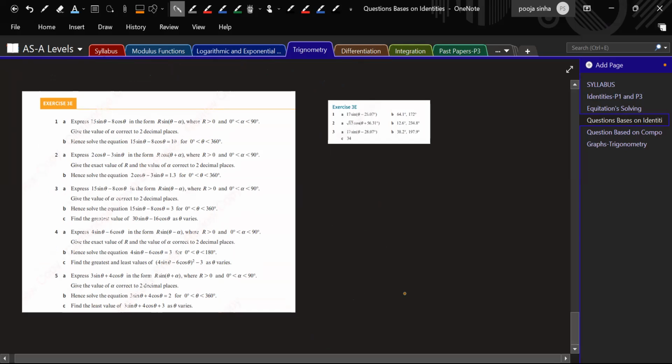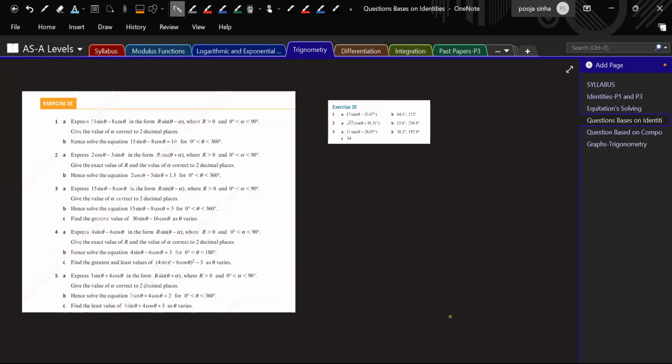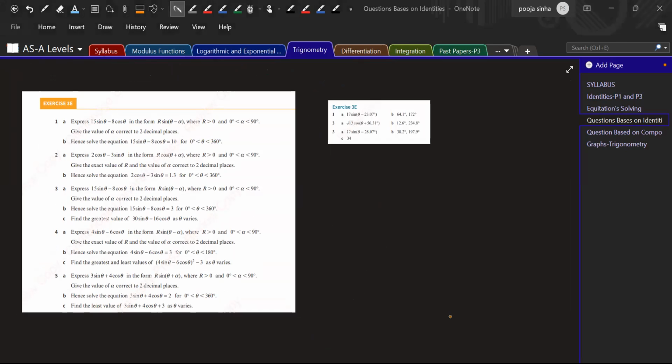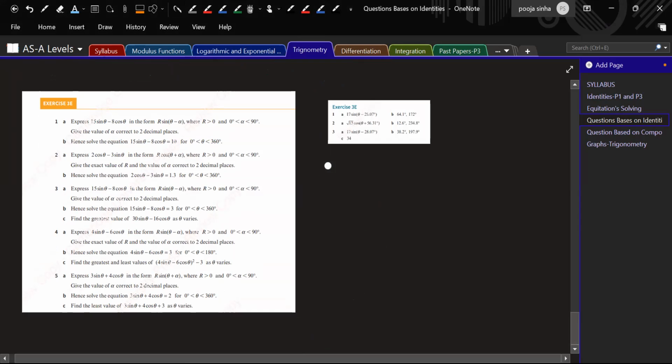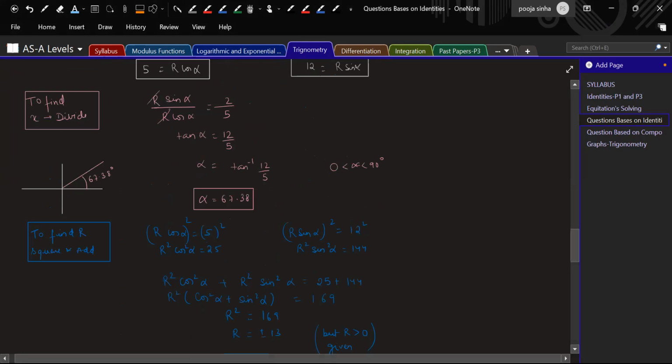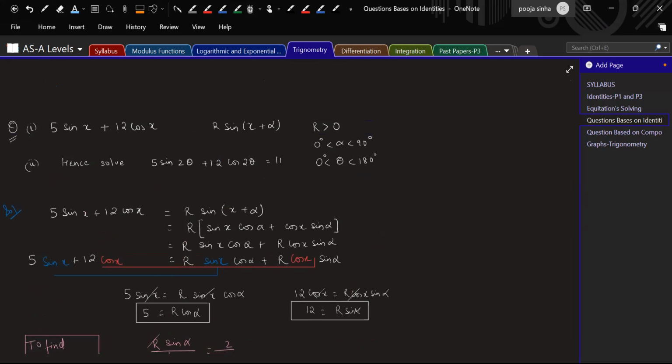Yeah, got it. Then the next part says, hence solve this.